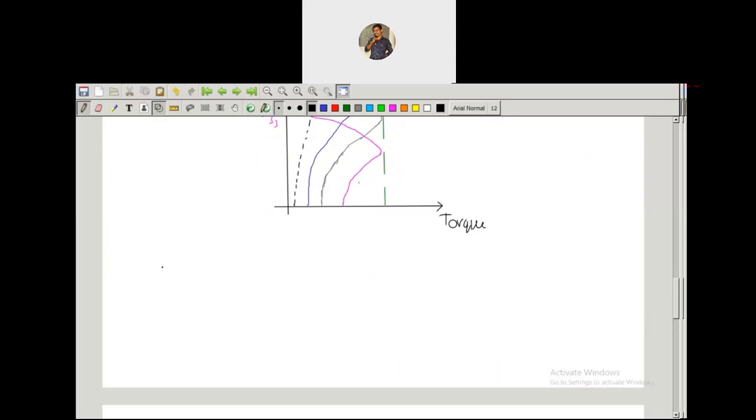The slip at maximum torque, Sm, is given by R2 over omega1 times (L1 plus L2). Here also we have neglected the stator resistance. If we reduce the supply frequency, the slip at maximum torque is going to increase.